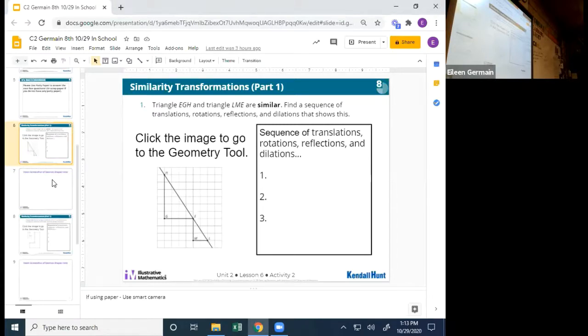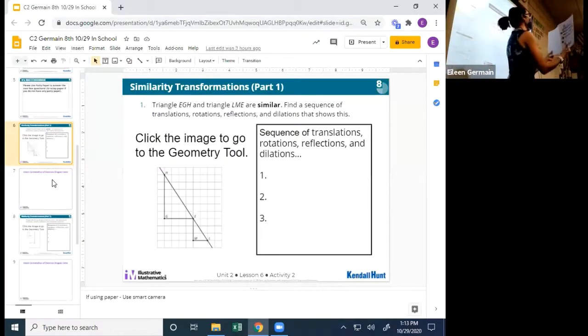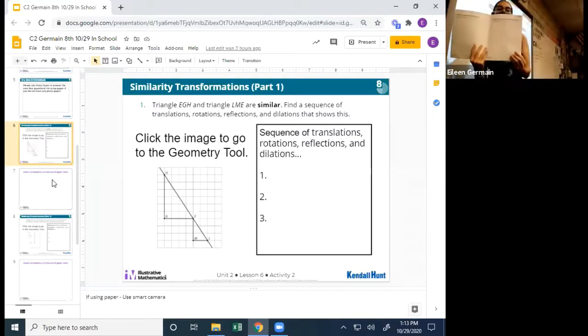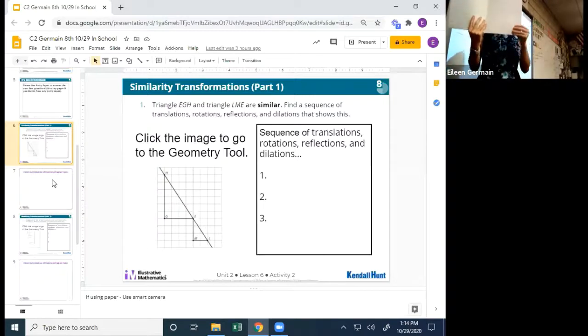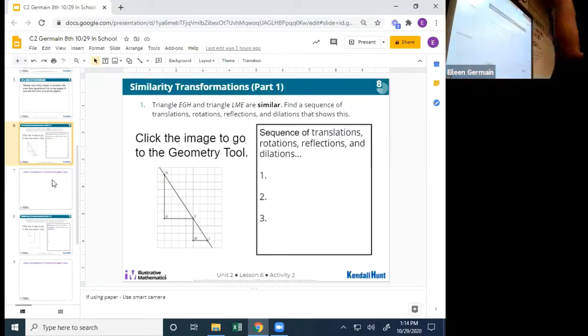It looks like this. People at home, it looks like this. And flip it so that we're looking at our two triangles, like this, okay? So if you have your text, open it to chapter 6, and it has the two triangles on it.